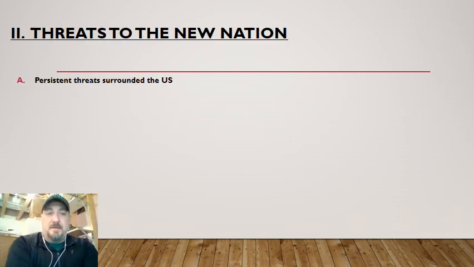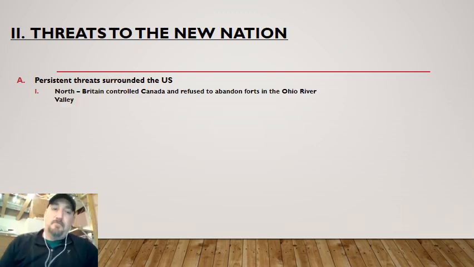Threats to the new nation. The United States is surrounded by countries that really could have benefited from taking over the United States or looking to get into armed conflict with the U.S. to expand their own territory interests in North America. To the north, Britain controlled Canada and refused to abandon its forts in the Ohio River Valley.